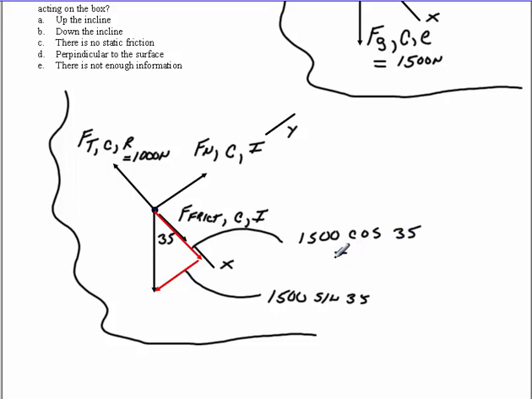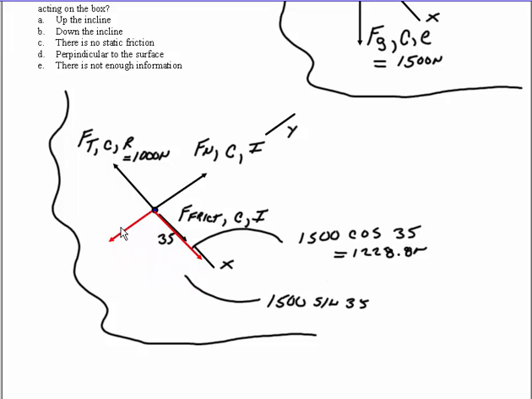This one will give me the value of 1228.8 newtons. Now we can calculate this, but right now we don't need that. At this point, we can get rid of this one, and we can actually slide this back up, straighten it up so it does look like it's quite perpendicular. And then again, we know that this value would have to be 1500 times the sine of 35, and that's what our F normal would be also.